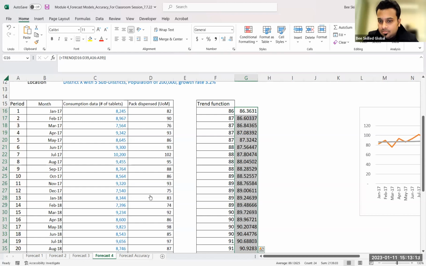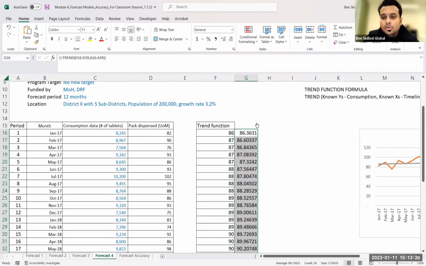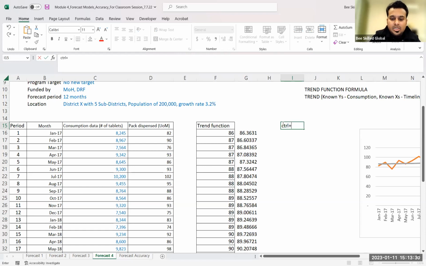This is a very specific technique for trend analysis and a couple of other functions. We don't put in the bracket and then press enter. We do Control plus Shift plus Enter.